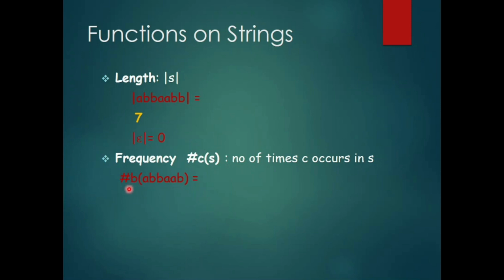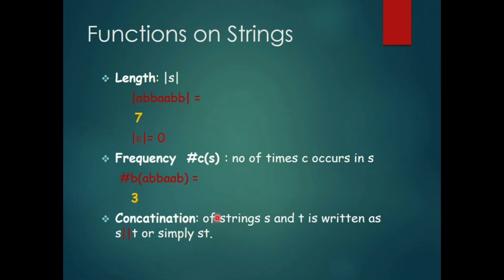This determines the number of times the character B occurs in the string ABBAAB. So what would be the answer for this? How many times does B occur in this string? It is equal to 3, right?